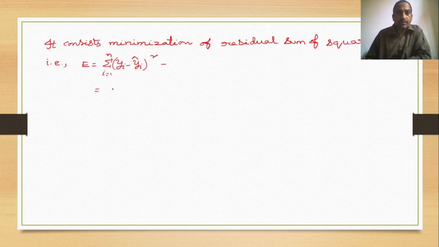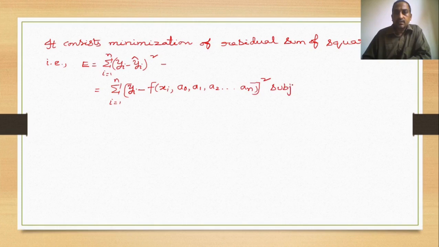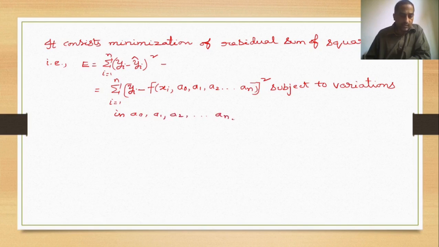If you expand this form, it is summation i equals 1 to n of yi minus f of xi, a0, a1, a2, so on an, the square, subject to variations in a0, a1, a2, so on an, right?